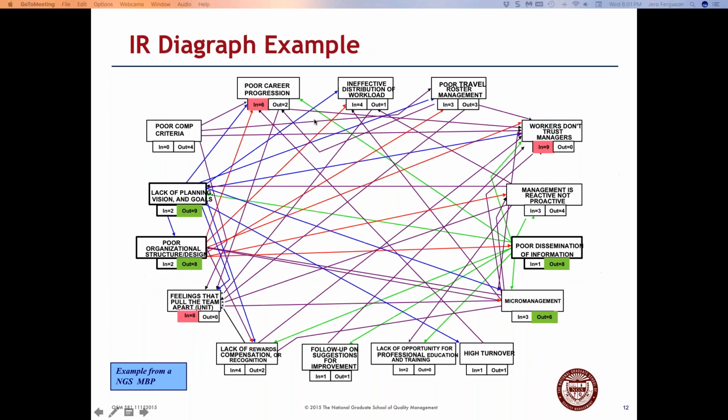So in a case of our example, if this is all about retention and the way our people are treated and how we retain people on board, then if you're measuring the trust that employees have with their supervisors, the feeling about career progression, and the feeling about that pull the teams apart, if you're able to measure those three elements, then this system is saying, you're able to determine whether or not this organization is treating their people better and retaining people and keeping their good people on board.